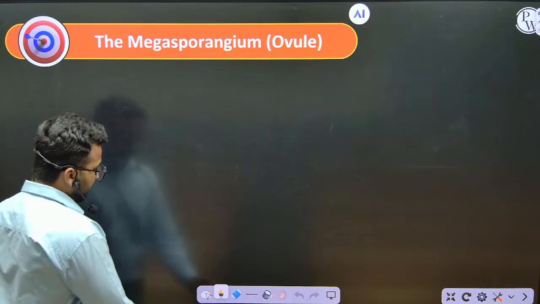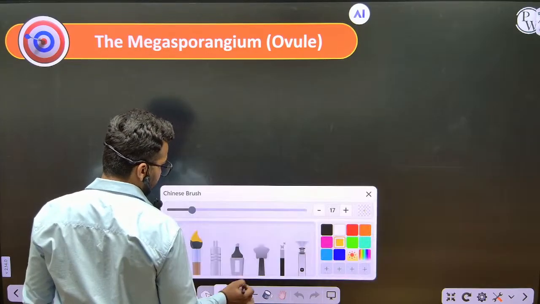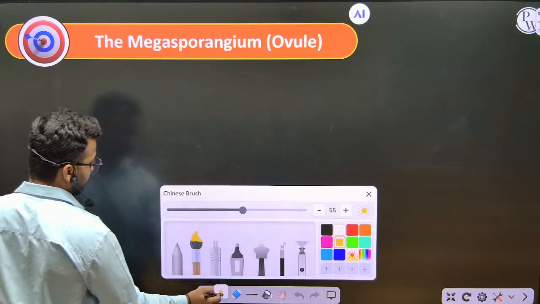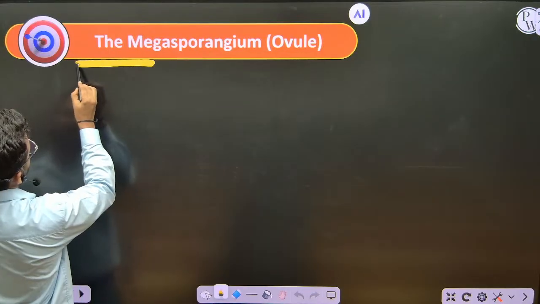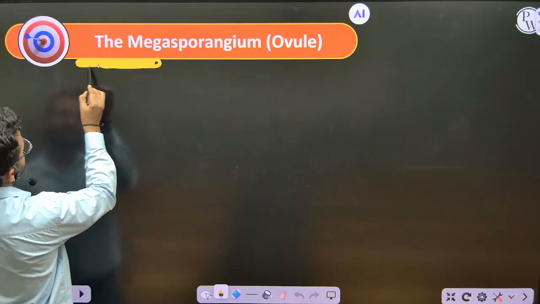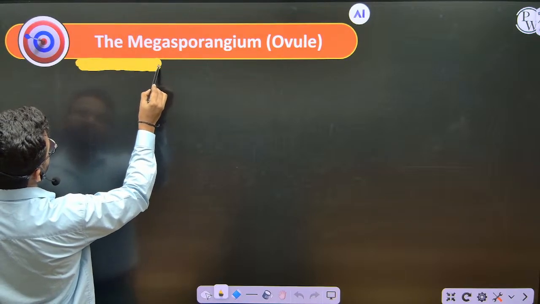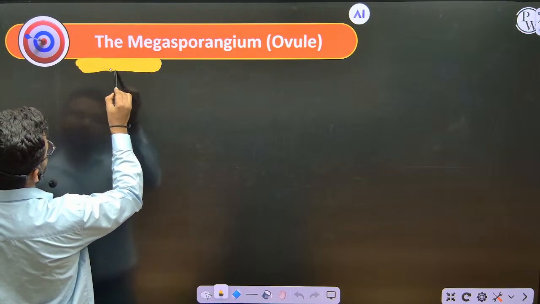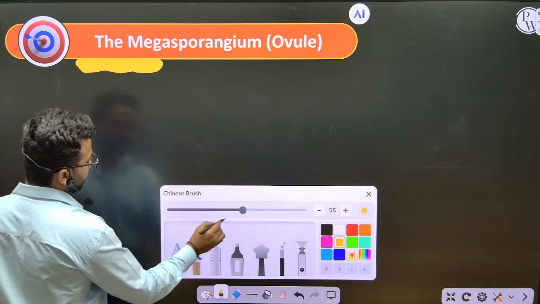Now coming to the megasporangium. The megasporangium is nothing but the ovule. I am drawing it here, invertedly. This is the placenta.